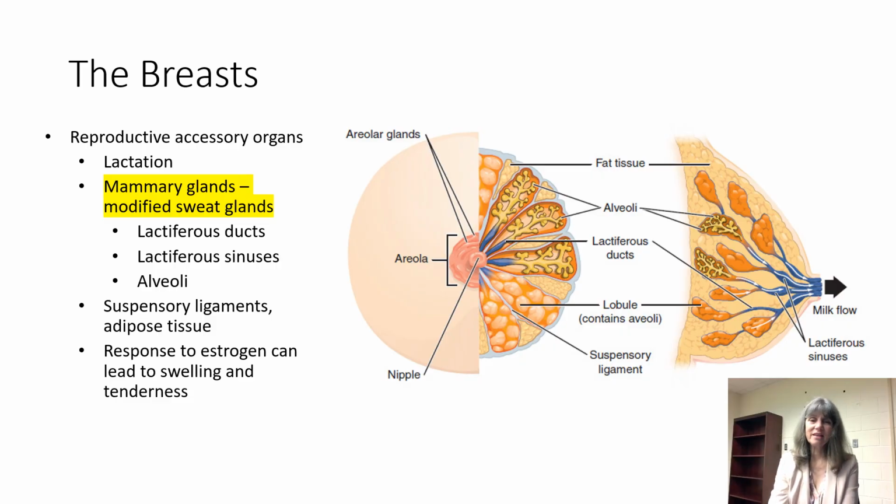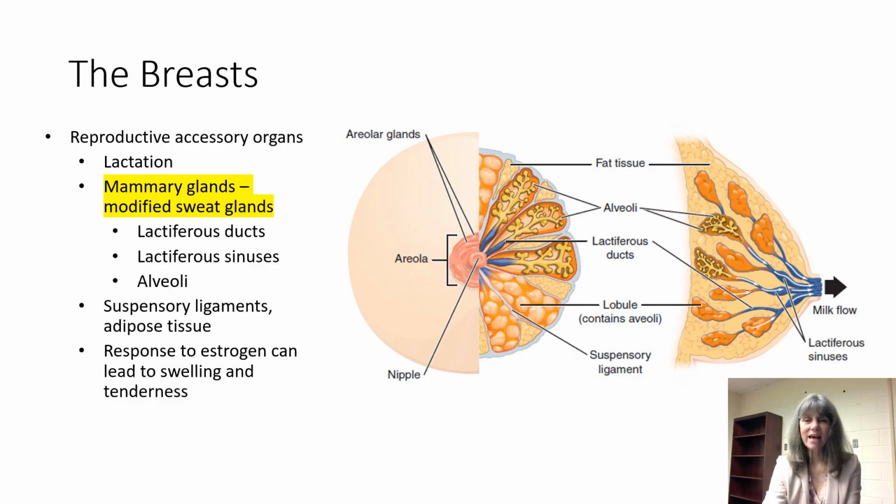And the mammary glands have special lactiferous ducts that lead to enlarged spaces called lactiferous sinuses. Those lactiferous sinuses have ducts that lead to the nipple, and that's where milk will exit the breast.